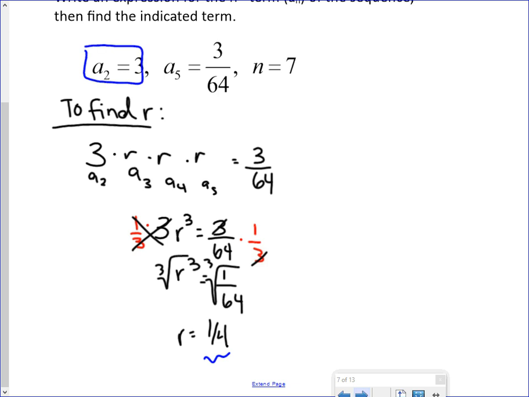You just have to backtrack once, right? And you're at the first term. So you took the first term times 1/4, and you got 3. So if you have 3, instead of times by 1/4, divide by 1/4. So a sub 1 is 3 divided by 1/4, which is 12.